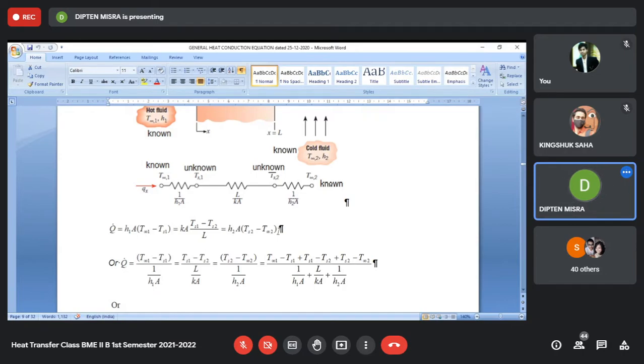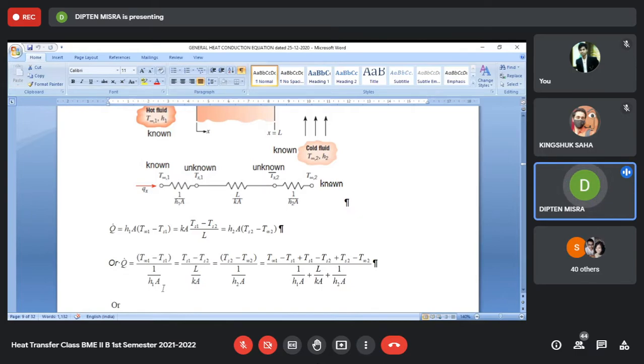Now, what we are doing is that we can rewrite this equation in terms of Q dot equal to temperature difference divided by 1 upon h1A. And if you see this thing, it is something like your delta T by something that is considered to be some kind of a resistance.